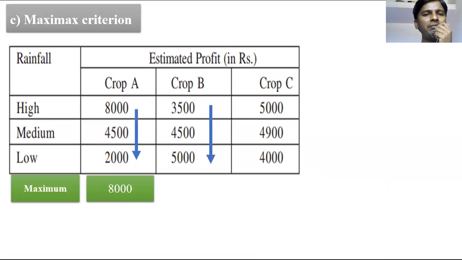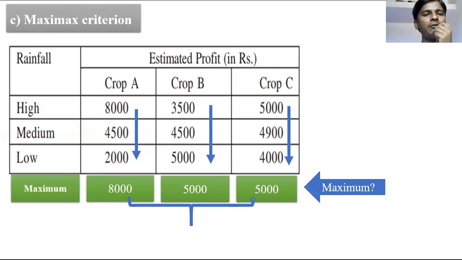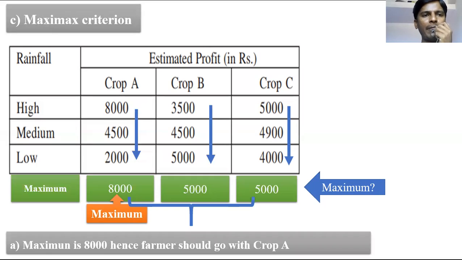For crop B, the maximum profit is 5000, and for crop C the maximum estimated profit is 5000. Out of these, which one is the maximum? The maximum estimated profit is 8000 for crop A. So on the basis of maximax criteria, we can suggest the farmer should go with crop A.